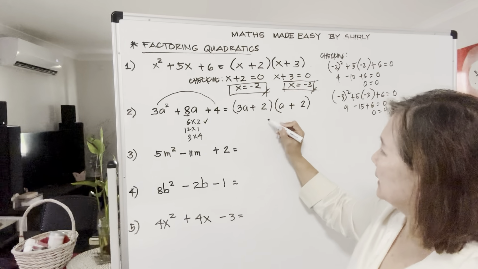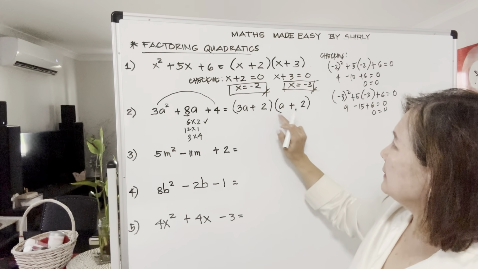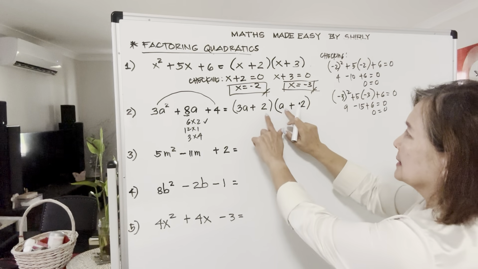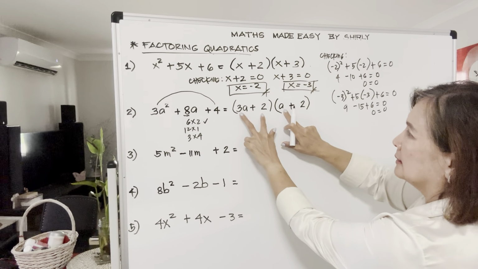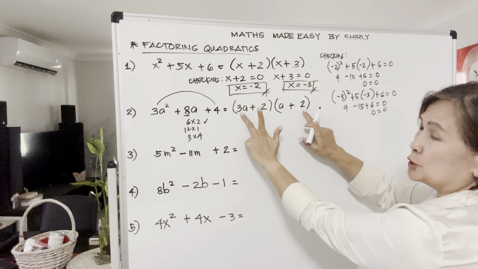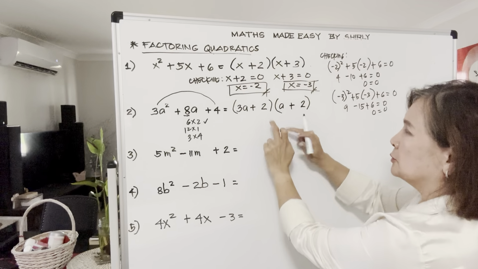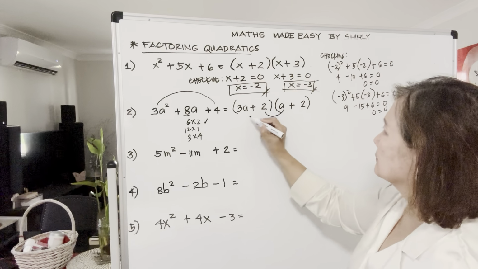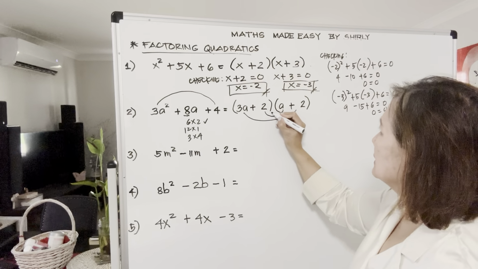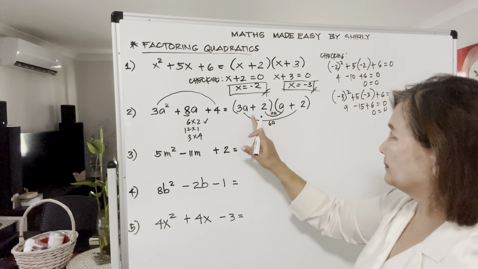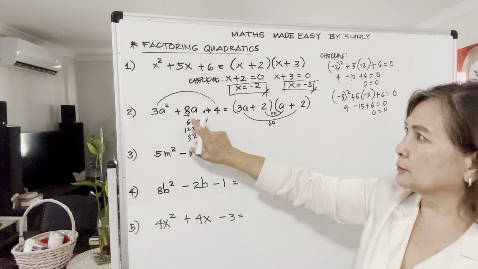Let us check again. 3a times a is 3a squared. 2 times a is 2a. 3a times 2 is 6a. 6a plus 2a is equal to 8a.